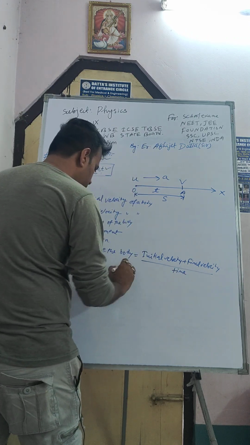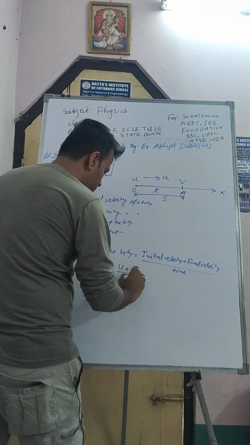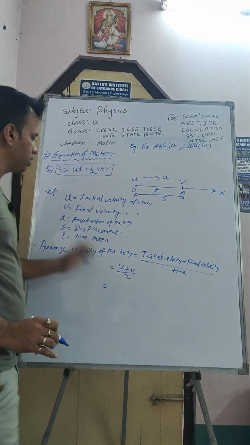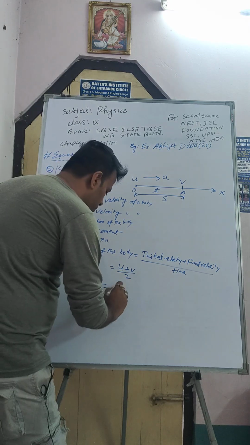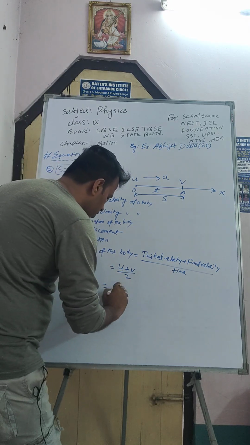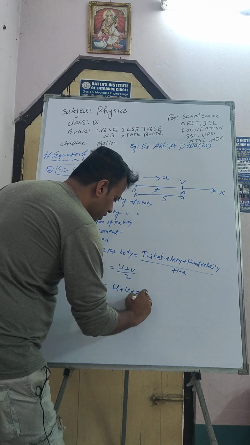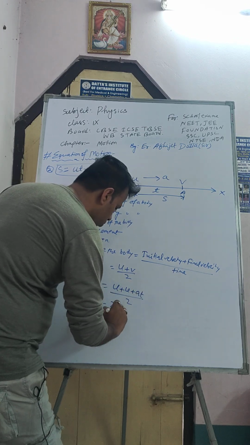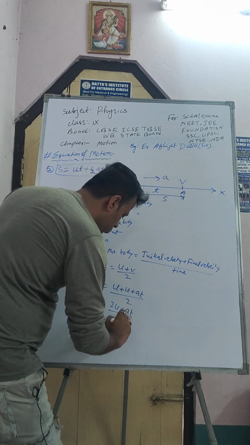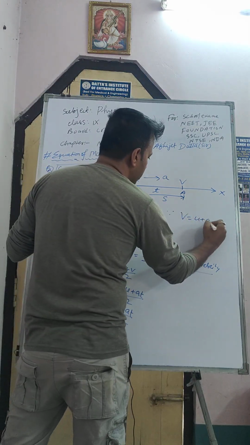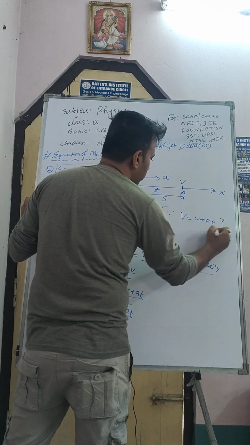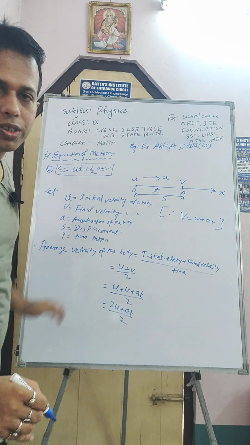So average velocity will be u plus v by 2, where initial velocity is u and final velocity is v, and v is u plus at, by 2. So that is 2u plus at by 2, since v equals u plus at, as we know from the first equation of motion.